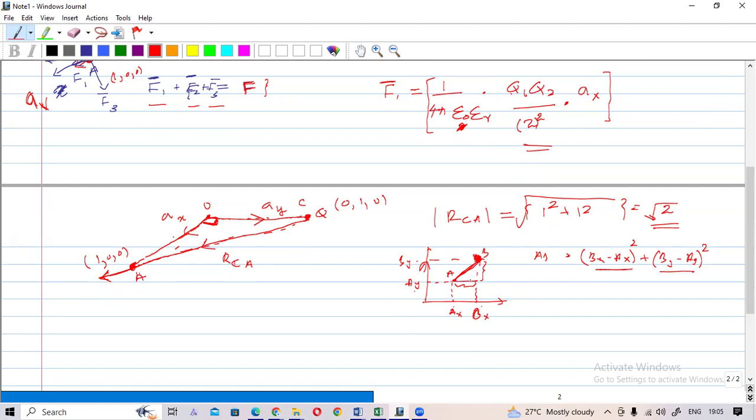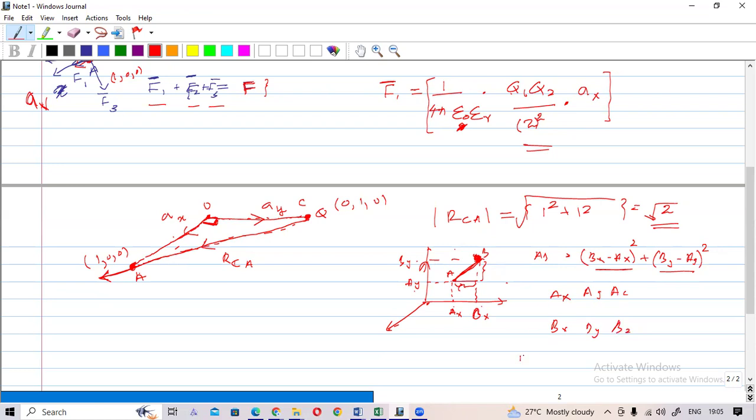If you have another point, maybe in this direction, then this point will have three coordinates. That may be AX, AY, AZ, and this will have three coordinates, BX, BY, BZ.